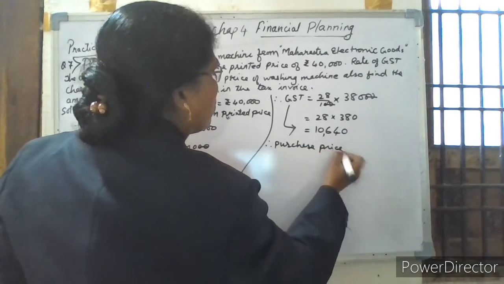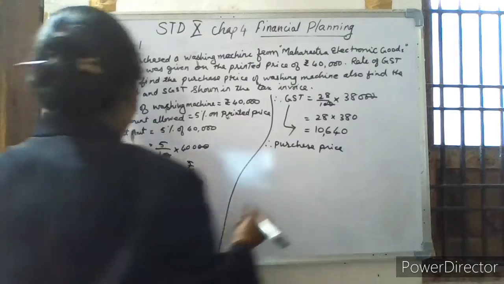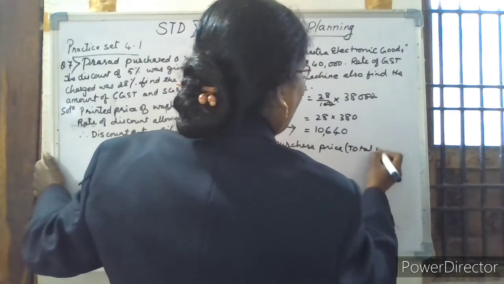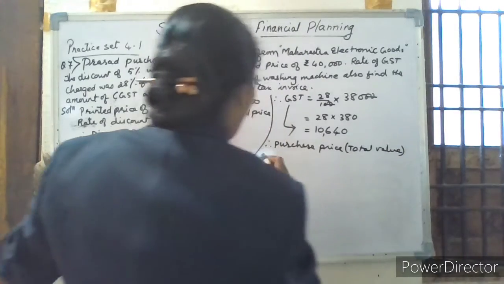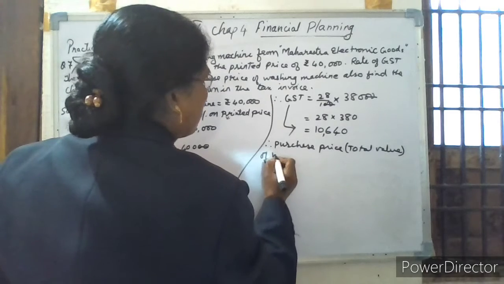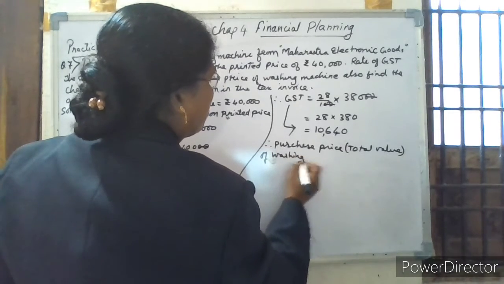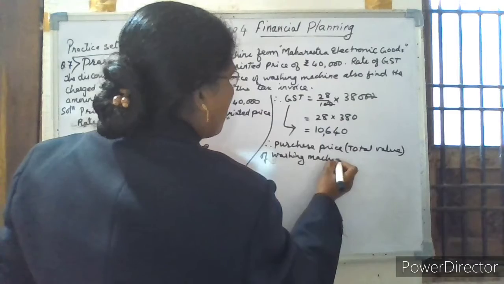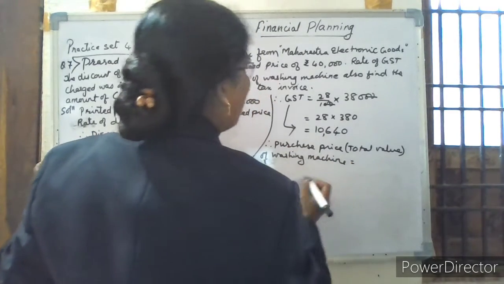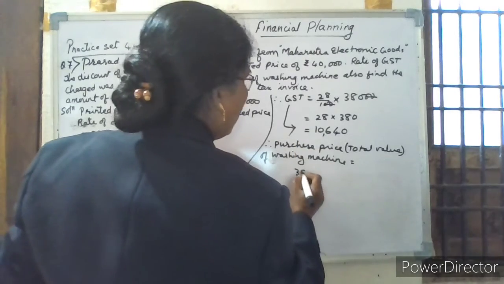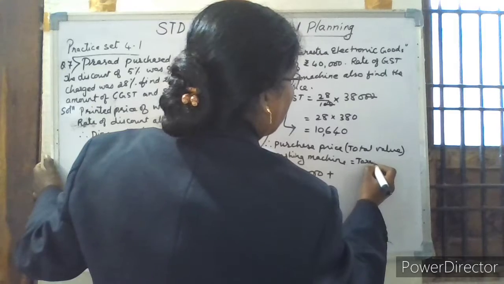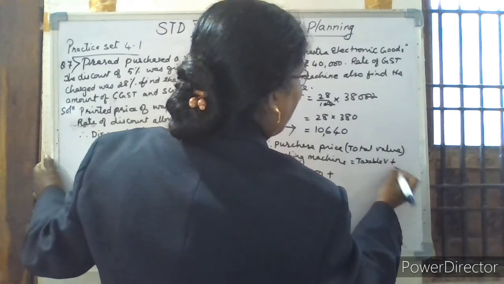or that is the actual value, total value of washing machine, is equal to 38,000 taxable value plus GST.